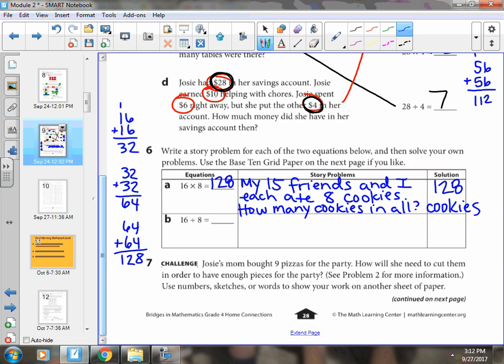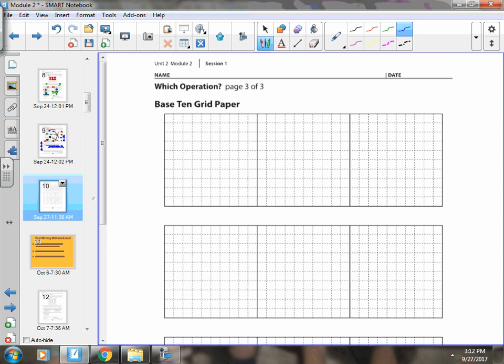Okay? You could also show 16 times 8. If you look at that page right next to us, you could do 16 times 8 like this. So here is 8, and here is 10, 16, and there's 16. It's very similar to what we did in class.